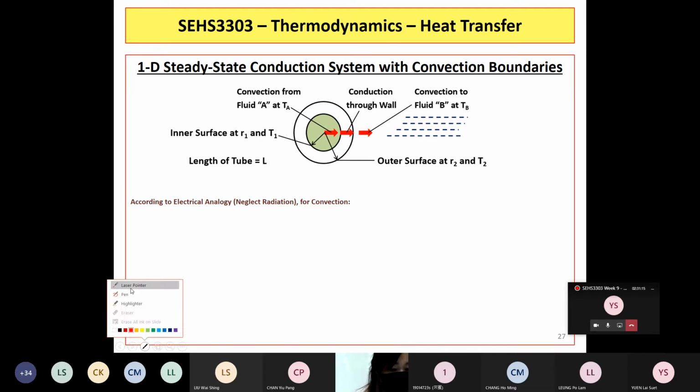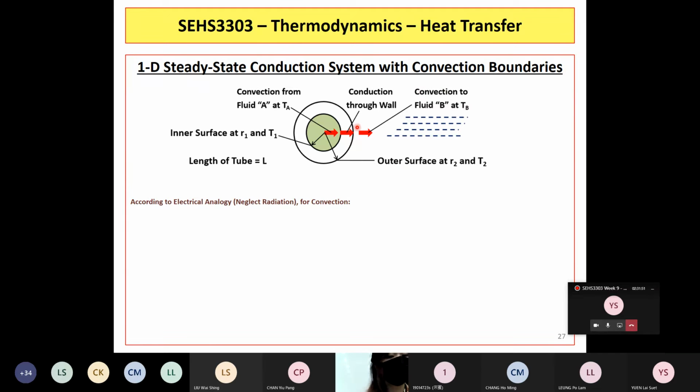So in this problem, inside this pipe is fluid A with a temperature T_A, maybe a higher temperature. We use this pipe to deliver hot water. And outside the pipe, the outer surface is located in fluid B, maybe air, with a lower temperature.